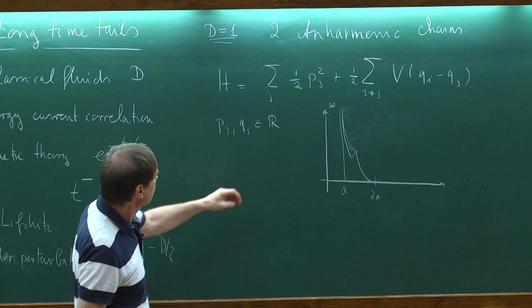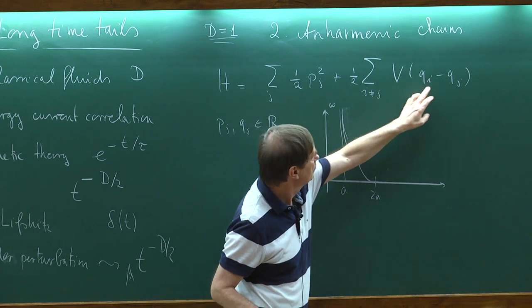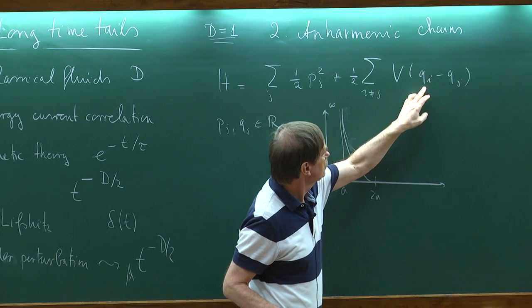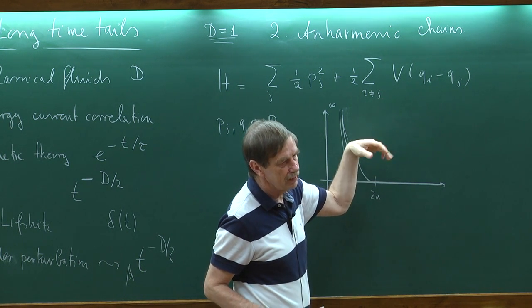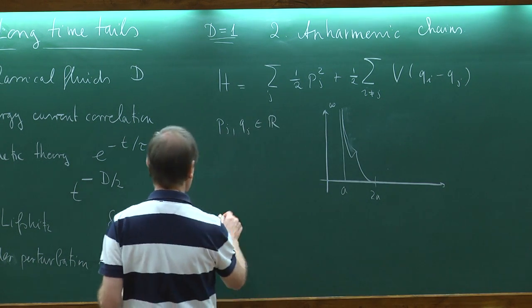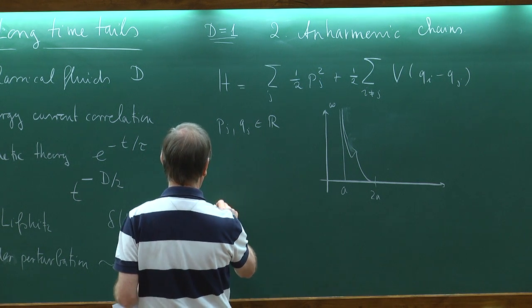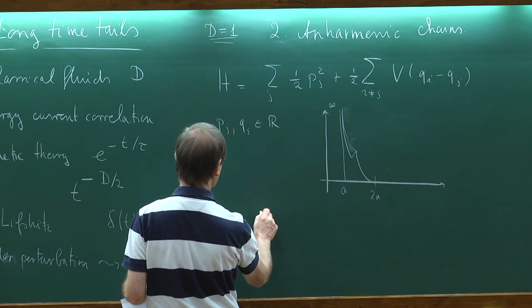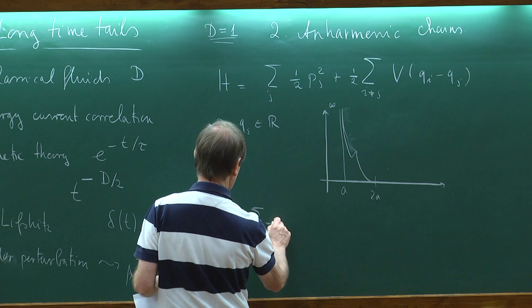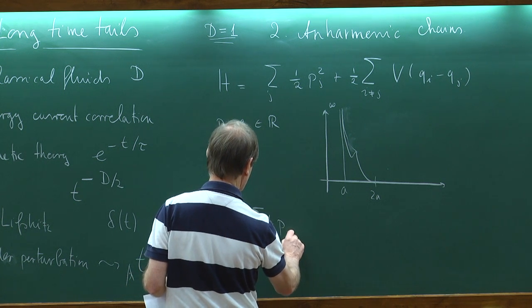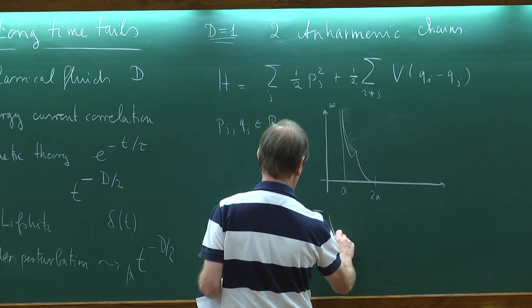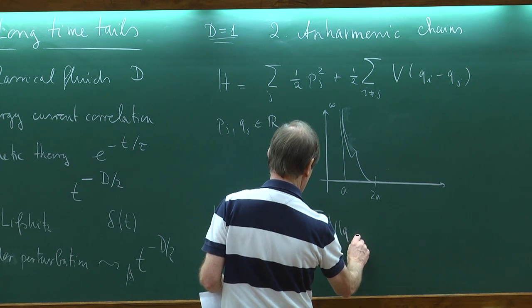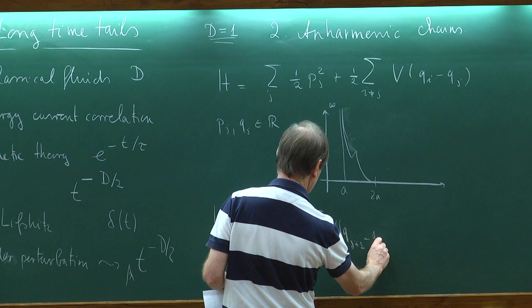Then you can see, because of the hard core, that this sum actually degenerates into a sum over nearest neighbors, and that of course simplifies a lot. So for such types of potentials, you can write your Hamiltonian as a summation over j, 1/2 p_j squared, and then you think of this as a V of q_{j+1} minus q_j.